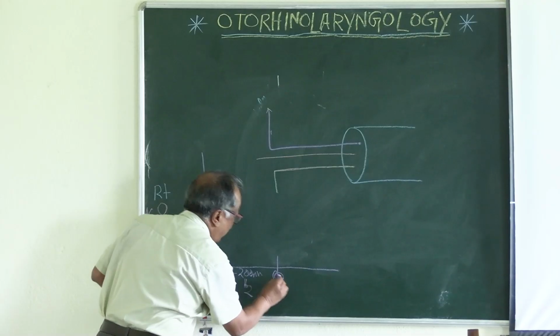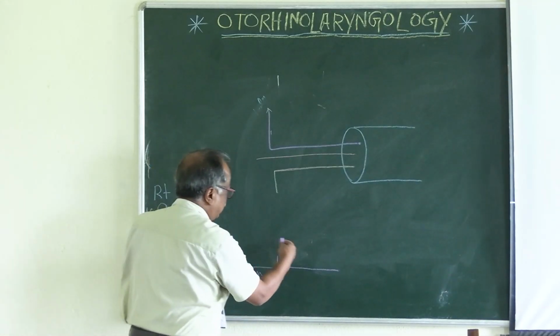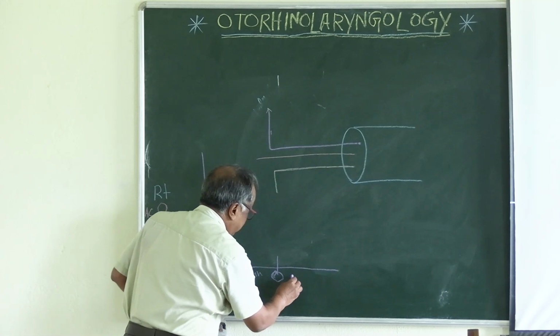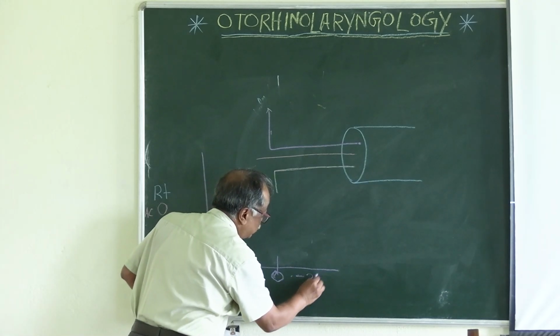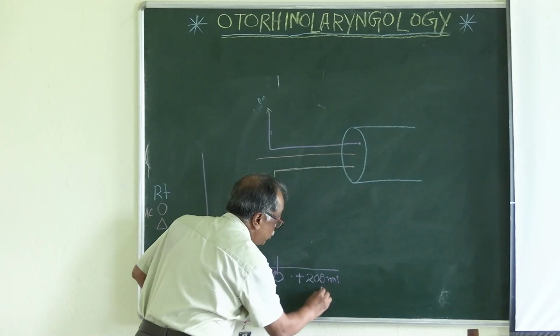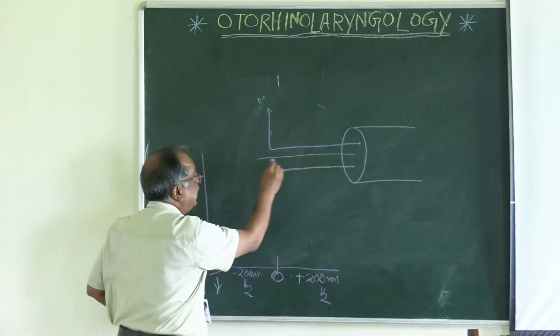Equal pressure with the atmospheric pressure or the middle ear pressure is the 0. It may be here the minus 200 to plus 200 millimeter of H2O. That pressure is created.